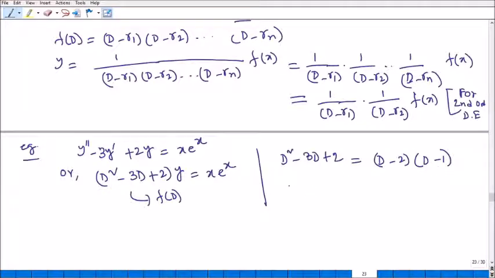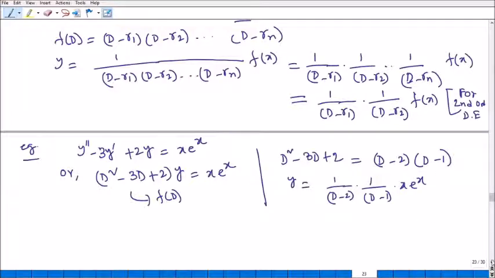So we can write y equal to 1 by (D minus 2) into 1 by (D minus 1), operating on the function f(x), which is x e to the power x. This is the technique.